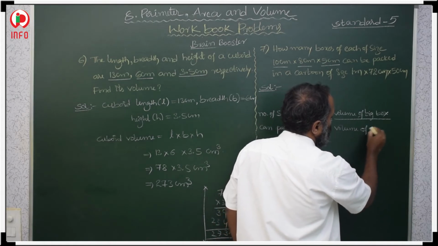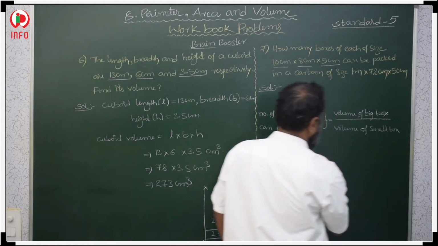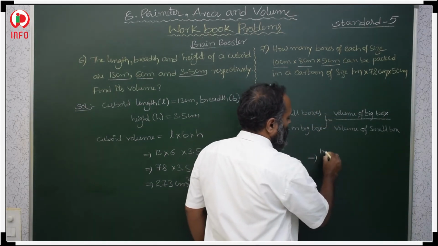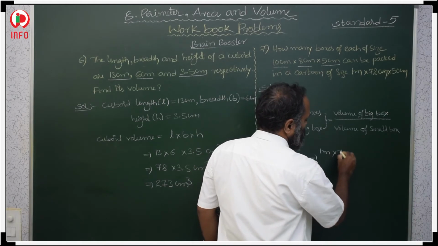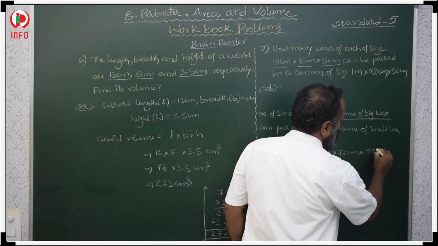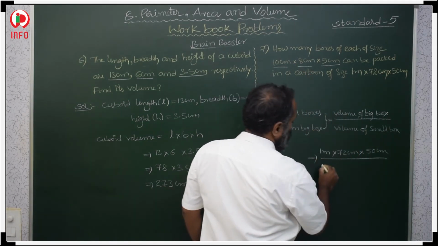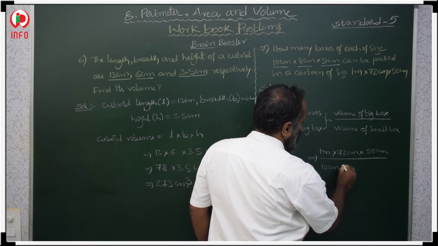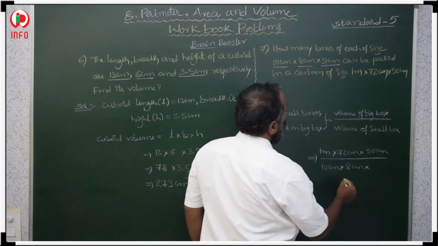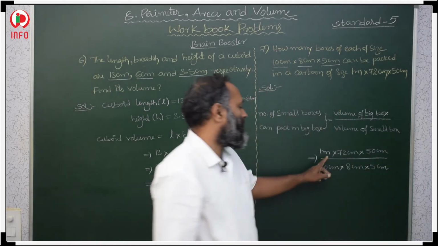Volume of big box is 1 meter into 72 centimeters into 50 centimeters by 10 centimeters into 8 centimeters into 5 centimeters. All are in centimeters except this one.